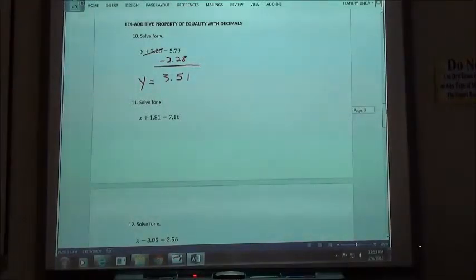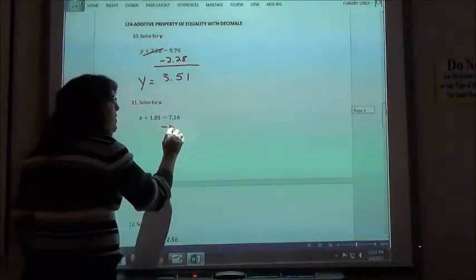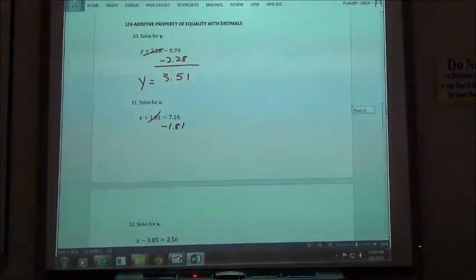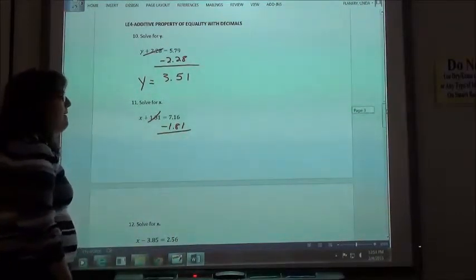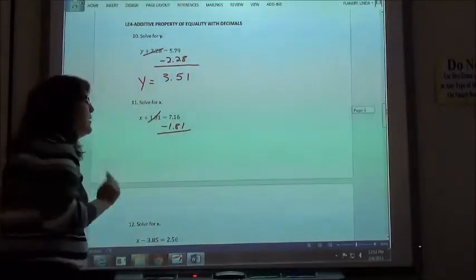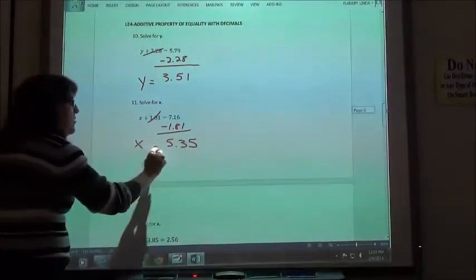So number 11, if I want to solve that for x, I would subtract my 1.81, right? Since it's a plus, I'm going to make it a minus when I move it over. If I subtract there, 5.35 is what x is going to be equal to.